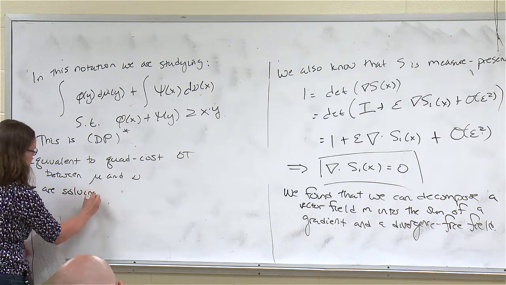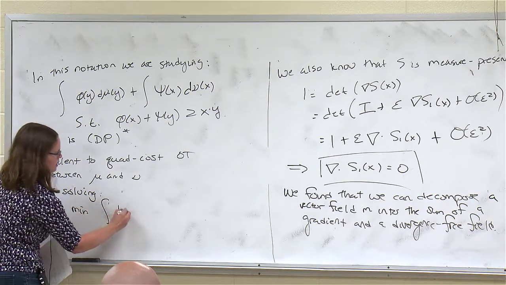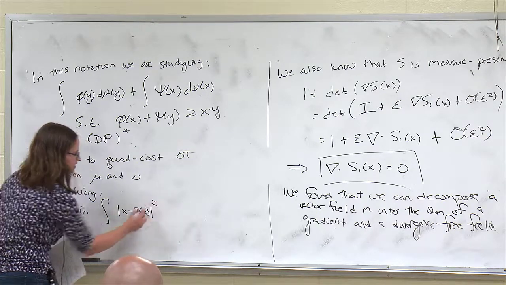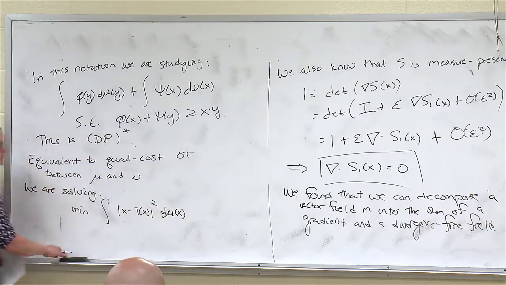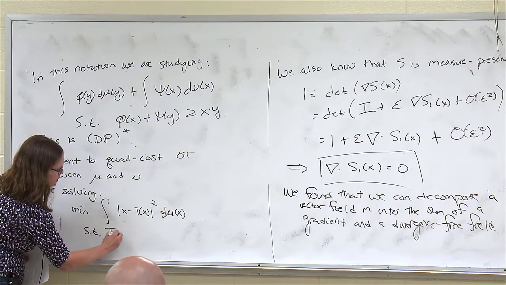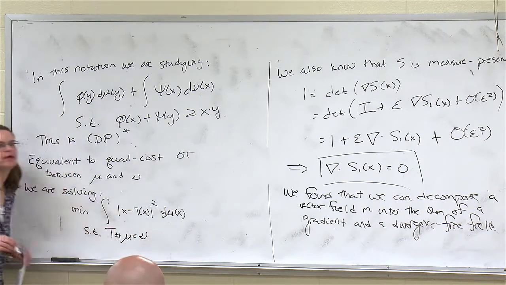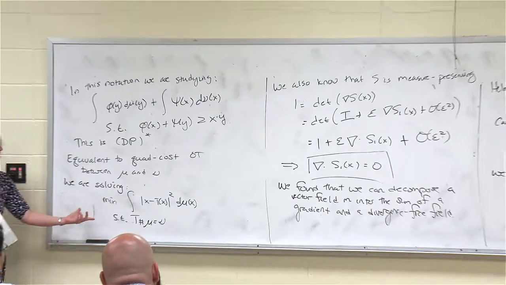By doing this polar factorization, we're equivalently solving: minimize the quadratic cost optimal transport, x minus T of x, against the measure mu, with the condition that the push forward of mu is equal to our Lebesgue measure. So somehow when we're doing polar factorization, it's equivalent to this.